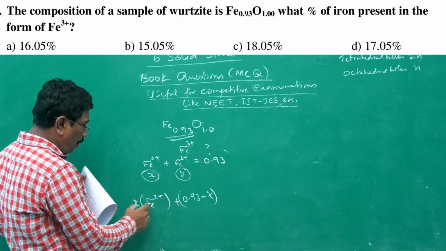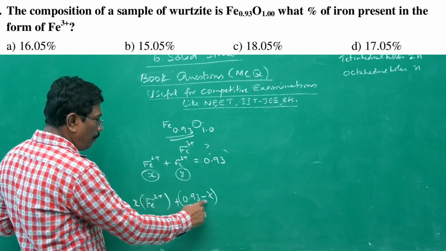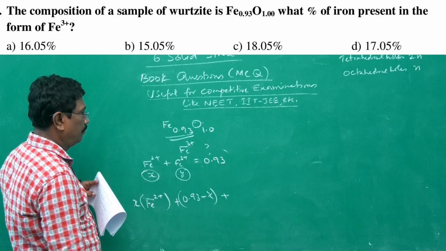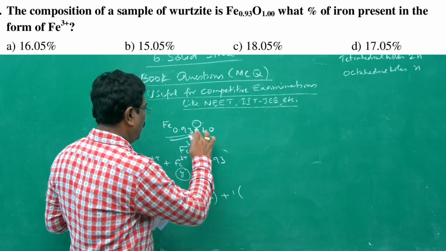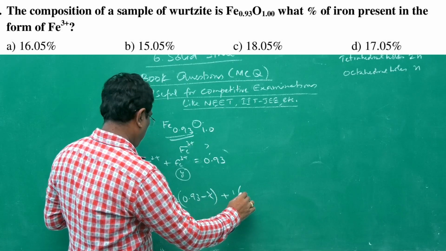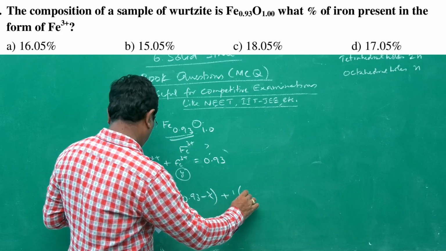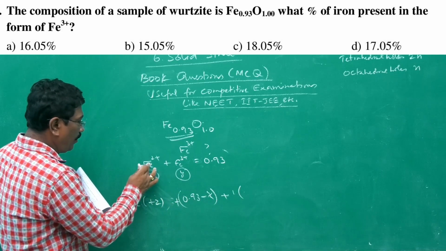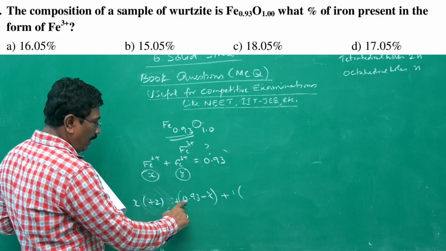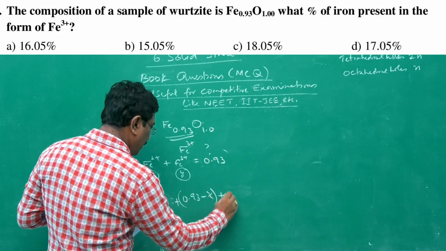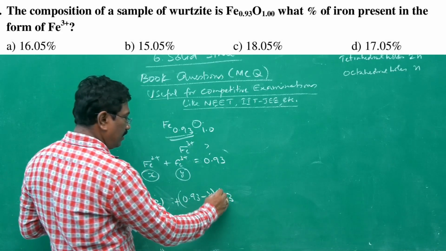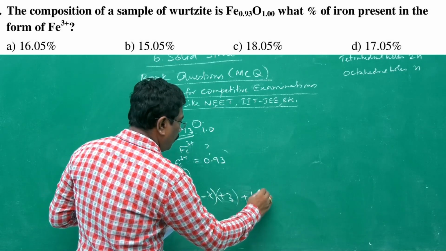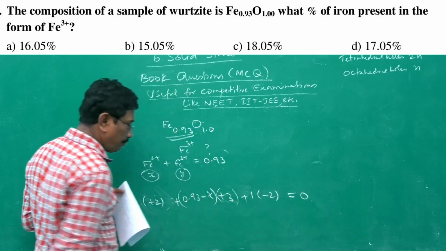If Fe2+ is X, Fe3+ should be 0.93 minus X, plus 1 into oxygen, that is minus 2 charge. X into plus 2 charge for Fe2+, 0.93 minus X of plus 3 charge, and then 1 atom of minus 2 charge put together should be 0.